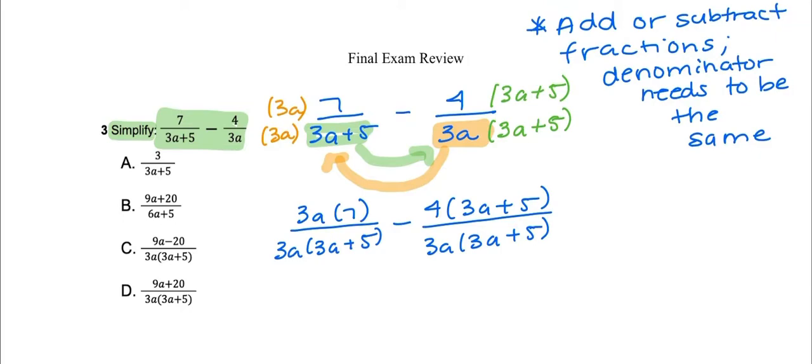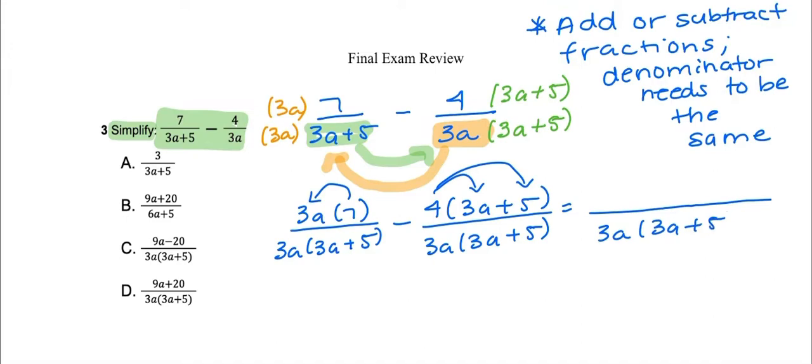But before I do that, we're going to multiply these terms: 3a times 7, and 4 times 3a, and 4 times 5. So 3a times 7, or 7 times 3a, is going to be 21a.